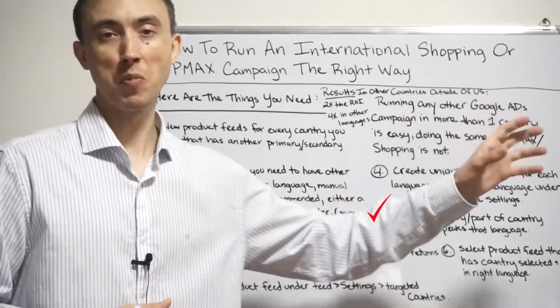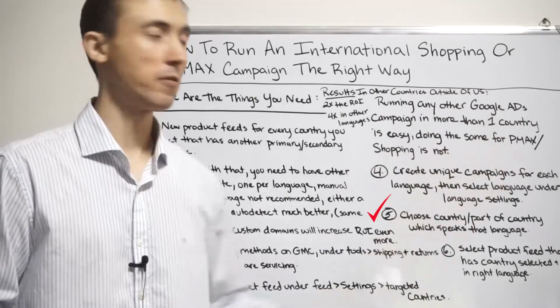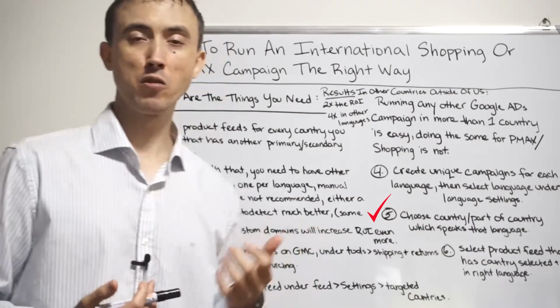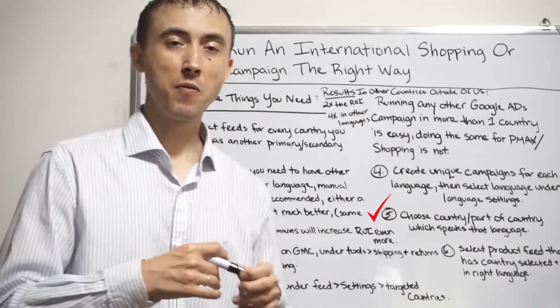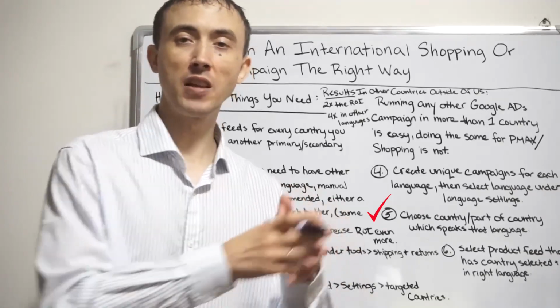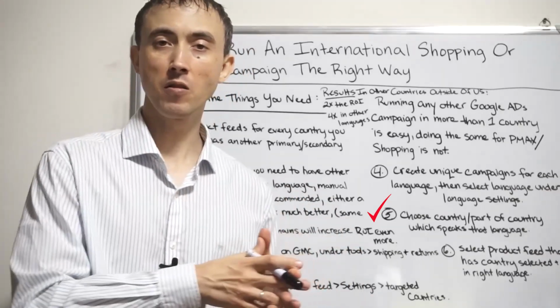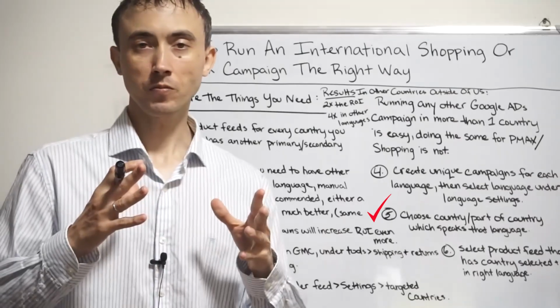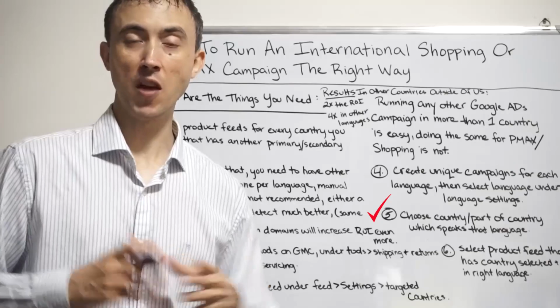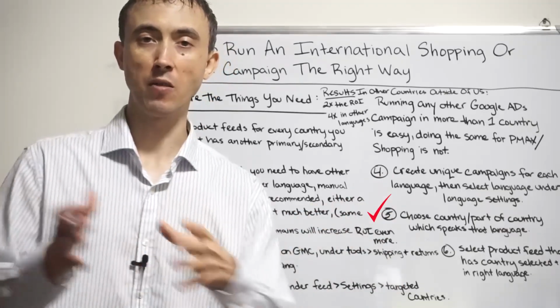We don't need a separate product feed just for Canada. And if it wasn't clear, like I said, you need a different product feed for every different language of people you're going to be targeting. The product feed itself is all translated into a different language. That's why you need a different product feed for each language.